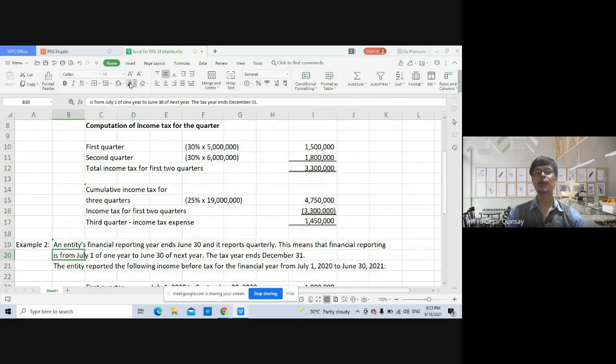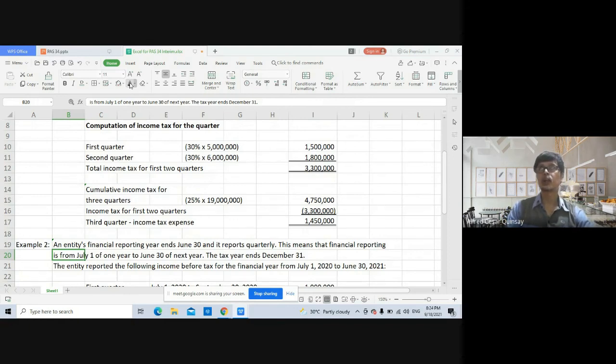So this uses a fiscal year, but its reports are quarterly. The starting point is July 1, and one year after, June 30 of the next year, is one whole fixed fiscal year.